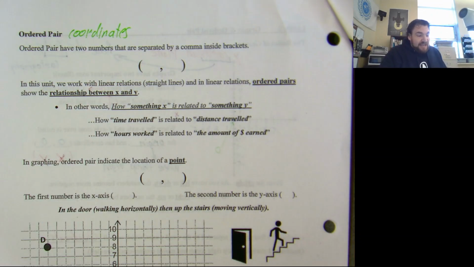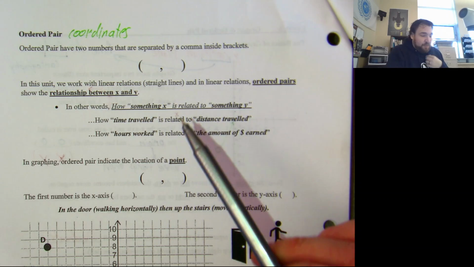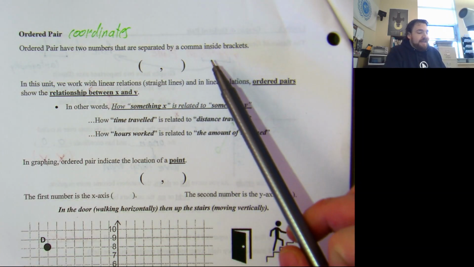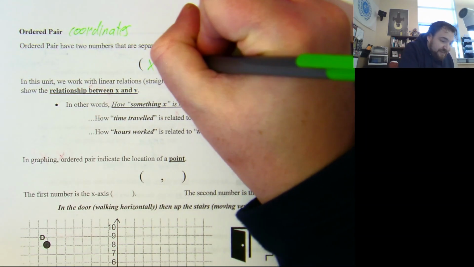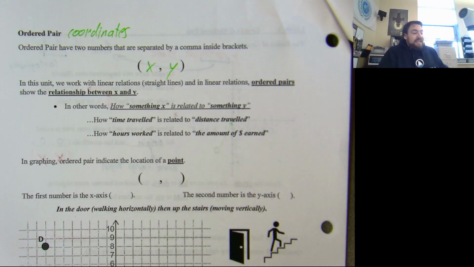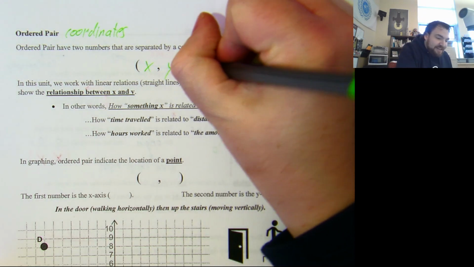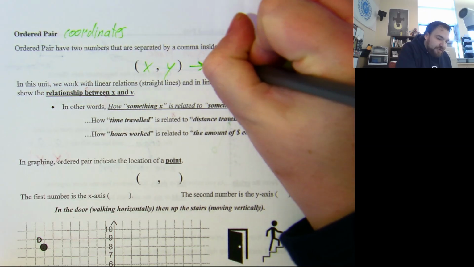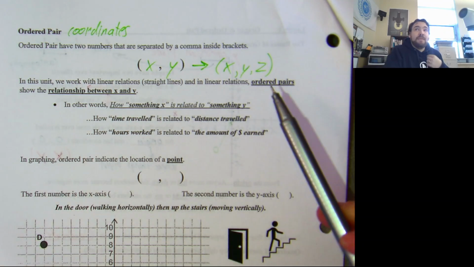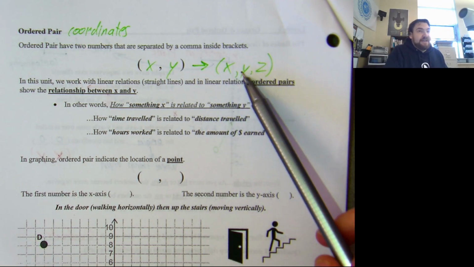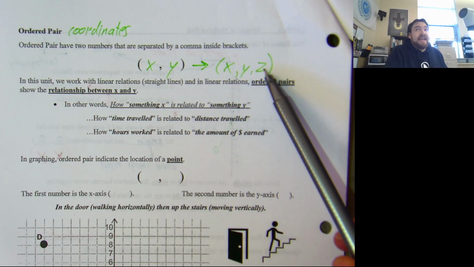Coordinates or ordered pairs have at least two numbers, sometimes more, that are separated by a comma inside the brackets. And they are always listed as X first, then Y. If you're playing Minecraft and you're actually working in 3 dimensions, this gets expanded to X, comma, Y, comma, Z. And this will give you a left, right, a forward, backward, and then Z is actually your up, downness.